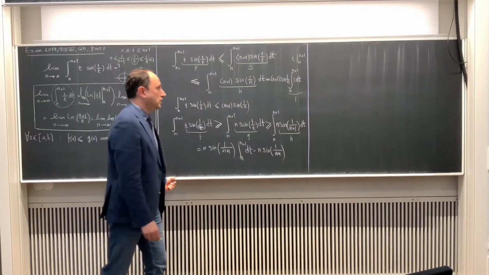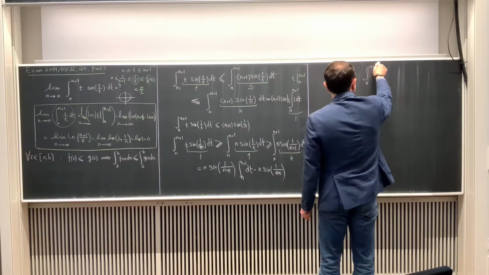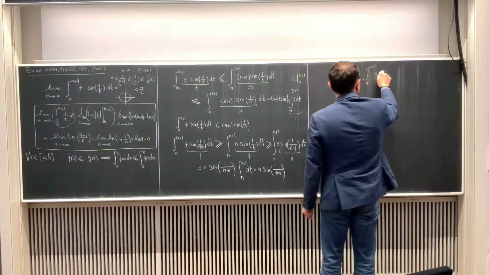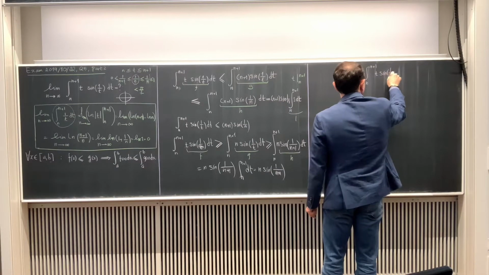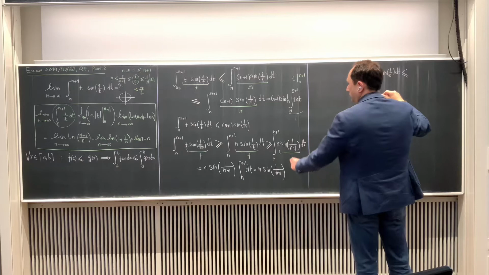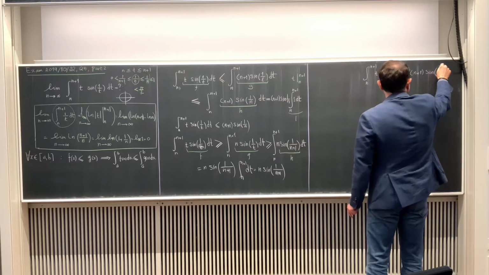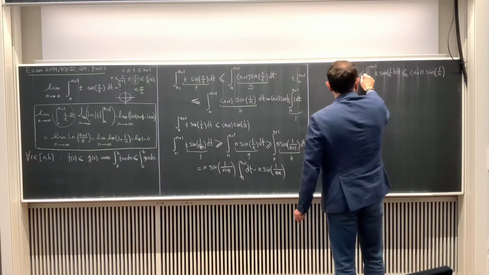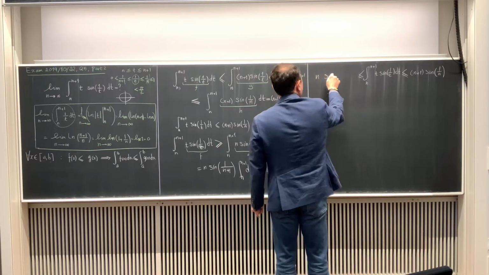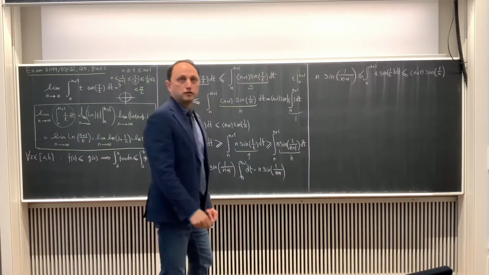So at the end, what I got is this integral from n to n plus 1 of t sine of 1 over t dt is less than or equal to, what was that? n plus 1 sine of 1 over n, and greater than or equal to n sine of 1 over n plus 1. This is what I found.